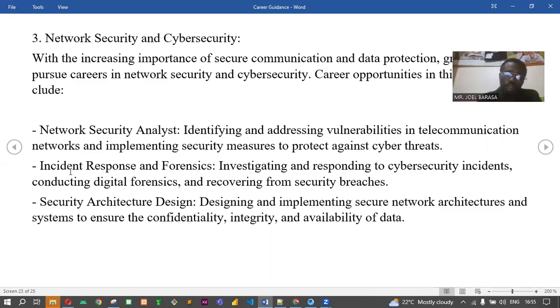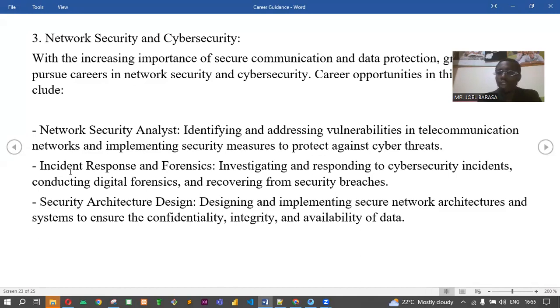When you're dealing with the departments of data protection, then you also qualify to be in that field. Security architecture design, then designing and implementing of secure networks, architectures, and systems to ensure confidentiality, integrity, and availability of data. Then you will be there.